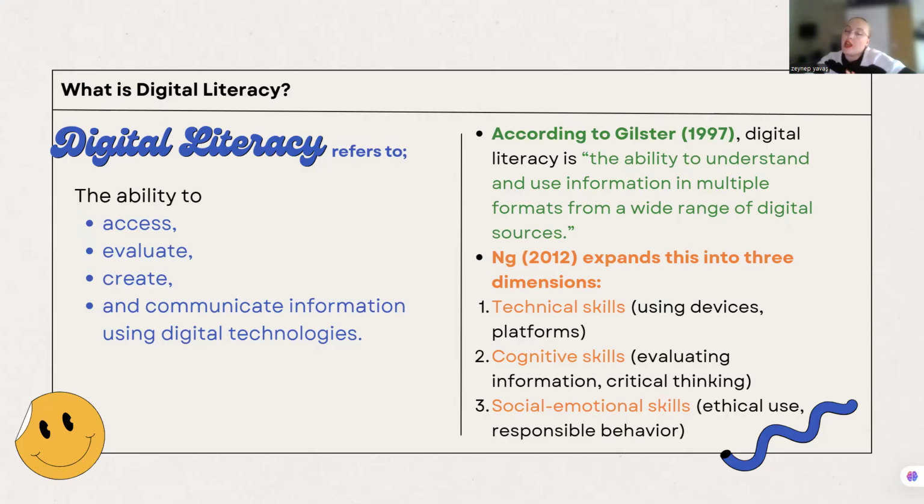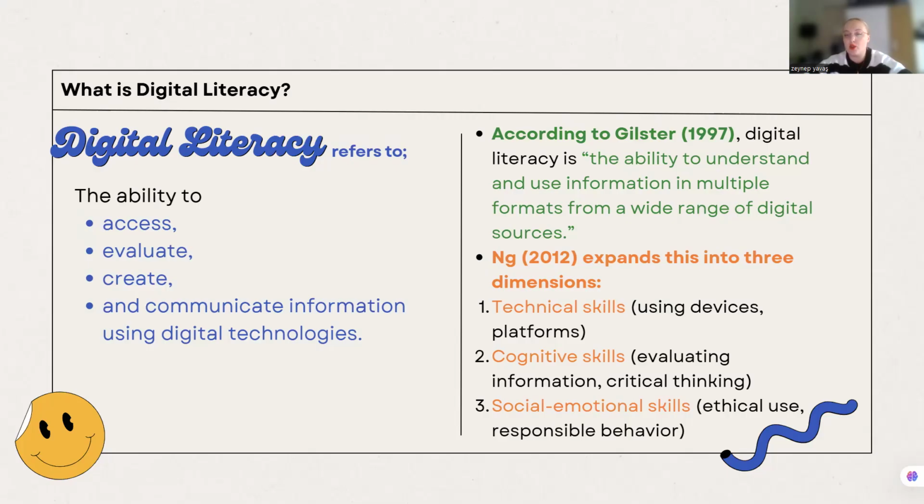First of all, the first dimension is technical skills, for example, using devices and platforms. So it means knowing how to use digital tools and platforms. The second one is cognitive skills. Its examples are evaluating information and critical thinking.